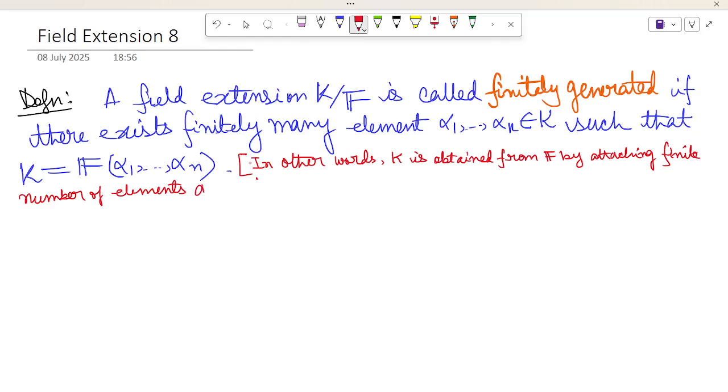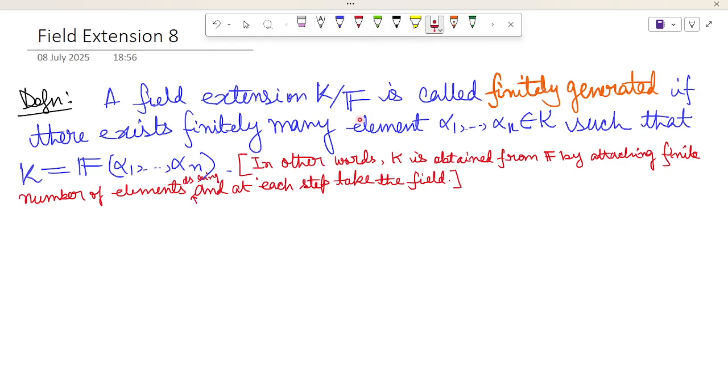Attach one element at a time, and at each step take the field, as a ring and then the field.